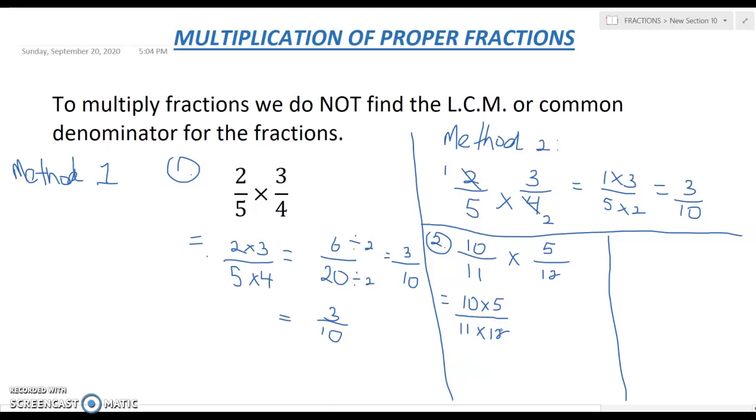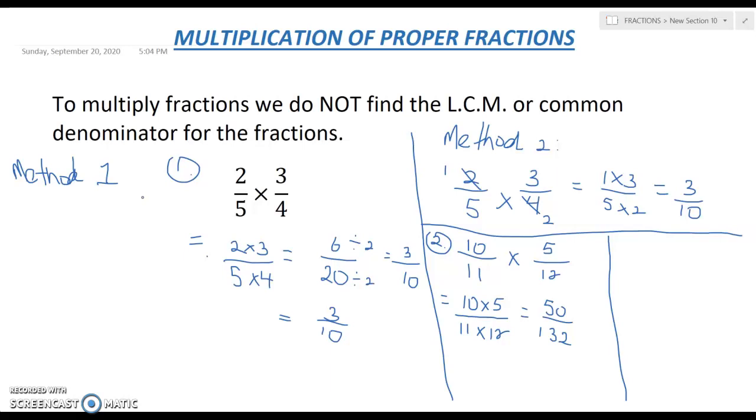As I was saying, you don't have to do this method. If you recognize that you could do the other method, that's perfectly fine, right? So let's just multiply across. So now we will get 10 times 5 is 50, 11 times 12 is 132. And now from here, we could say, okay, let's reduce.